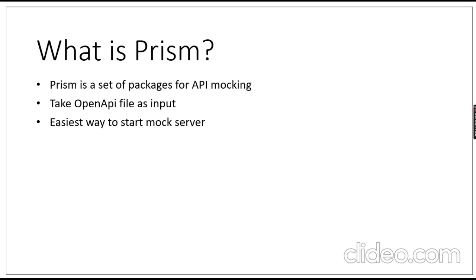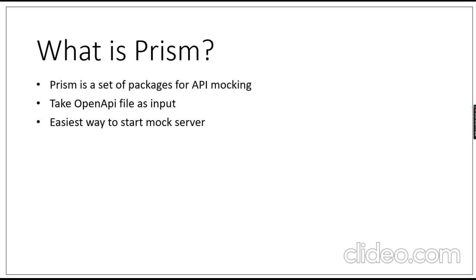An OpenAPI file is basically what we use in our development as documentation to represent what our application API will look like. It is a document where we specify all the controllers, the endpoints, the request body, and the response body.